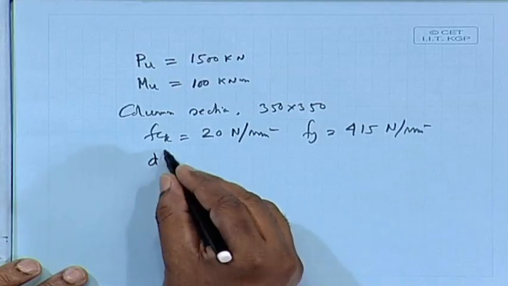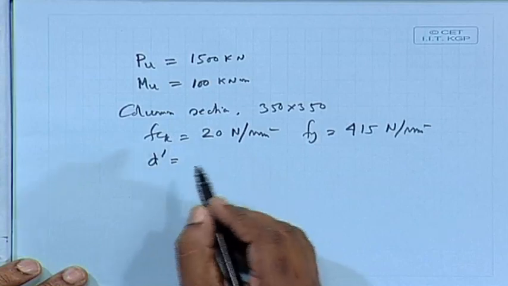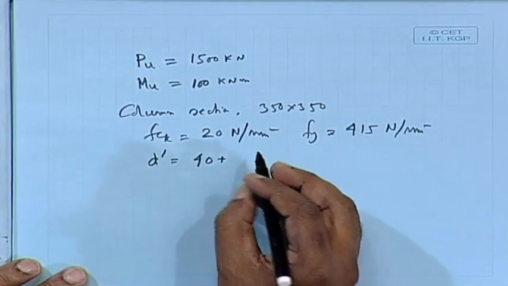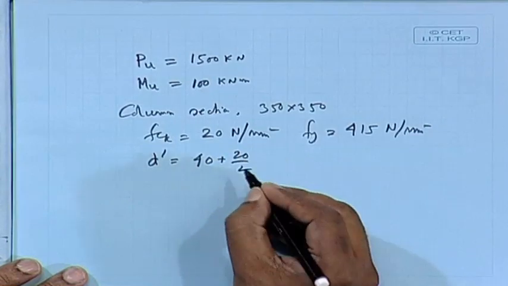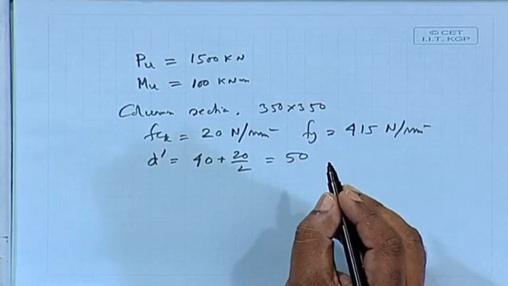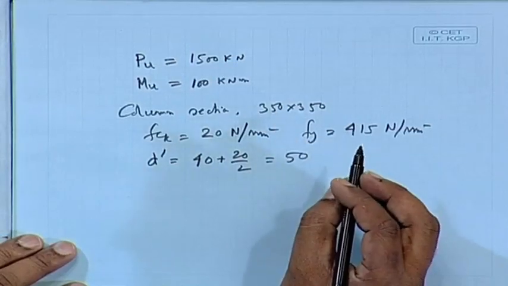D dash, let us take D dash here 40 plus 20 by 2, 20 millimeters, so 50. Okay.